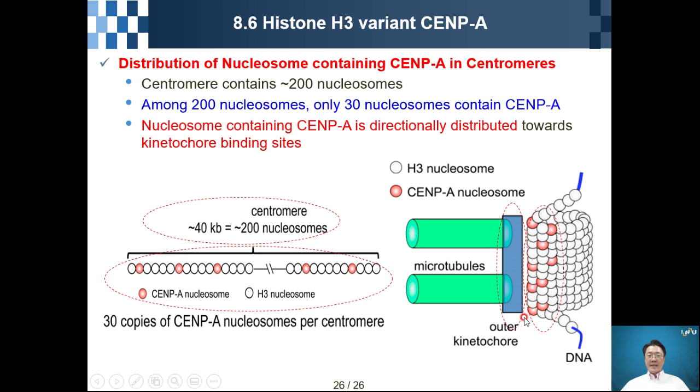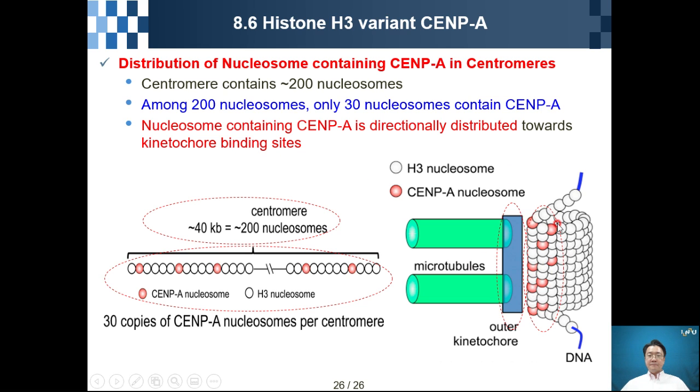Once again, let me summarize. The centromere contains 200 nucleosomes. Among them, only 30 nucleosomes contain CENP-A. However, we found that the nucleosomes containing CENP-A are directionally distributed toward the kinetochore binding site. It's like this.